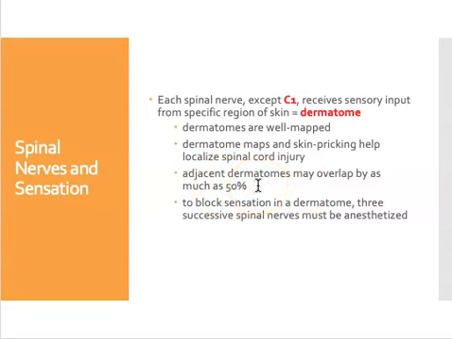So, why do we care about that? Well, let's say you wanted to block sensation. Let's say you wanted to do a nerve block procedure on someone, so you could then do some sort of surgical procedure and they wouldn't feel it. They would not be aware of the pain associated with the procedure. You can do that by anesthetizing or blocking spinal nerves, and this is done all the time in medicine.